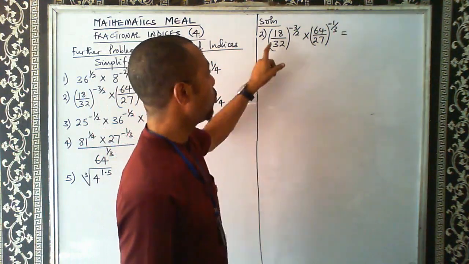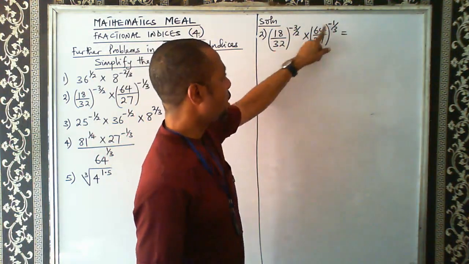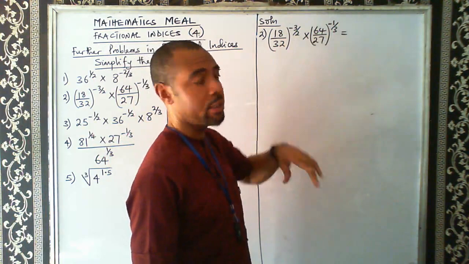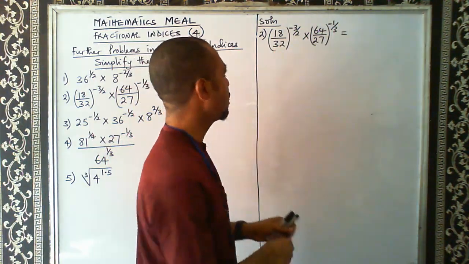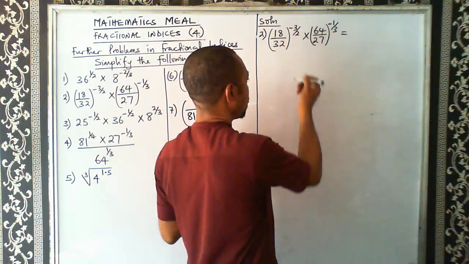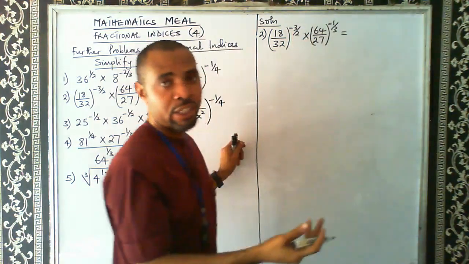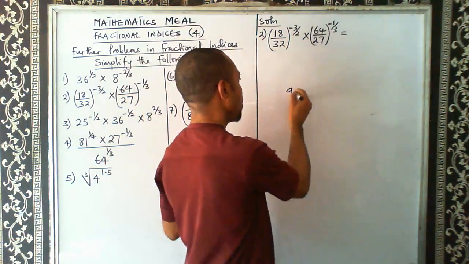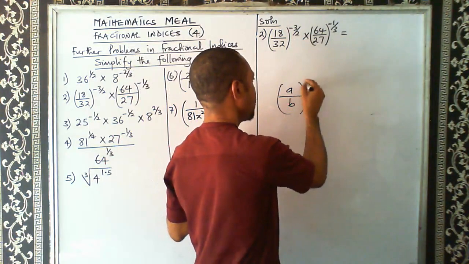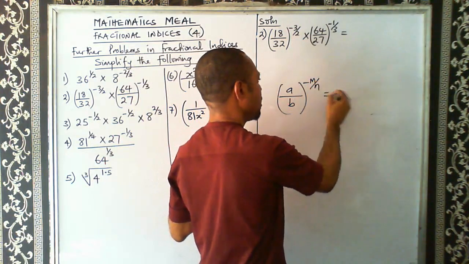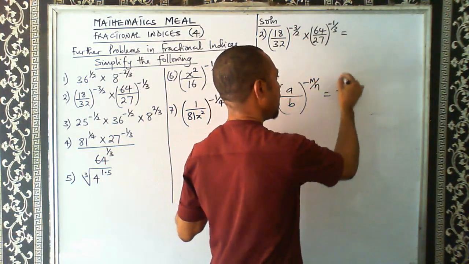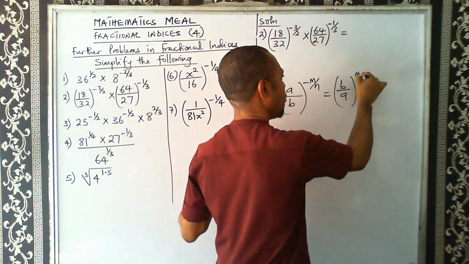The next step is to remove the negative sign in the power, if there is, and we can see we have a negative sign. To remove that, we usually invert the fraction. We use the rule (a over b) raised to power minus m over n is the same thing as (b over a) raised to power m over n.